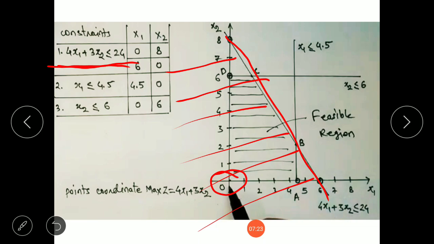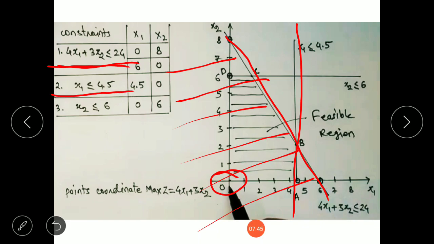Similarly, x1 less than or equal to 4.5, this is the line x1 is equal to 4.5. Now to see which area is x1 less than 4.5, again for simplicity put x1, x2 equal to 0, 0 and see whether it gets satisfied or not. Yes, for putting x1 equal to 0, 0 is less than 4.5, which means the inequality constraint gets satisfied.